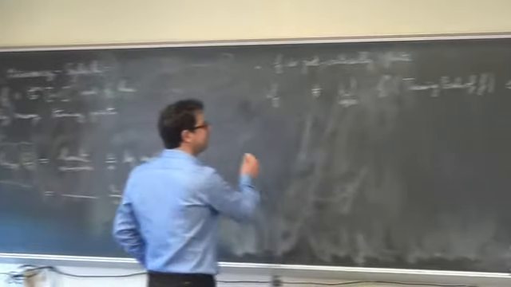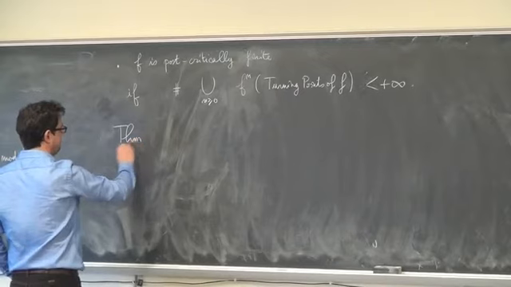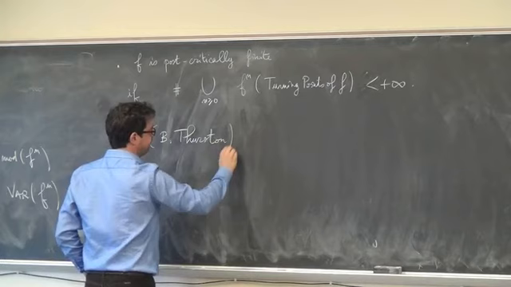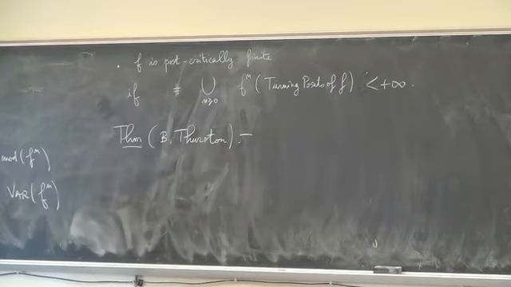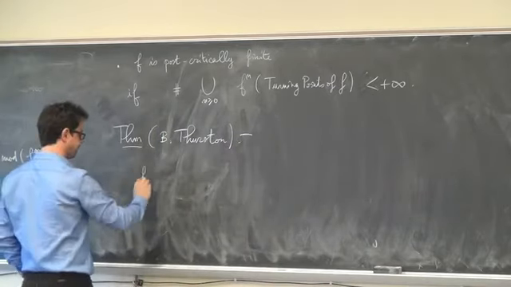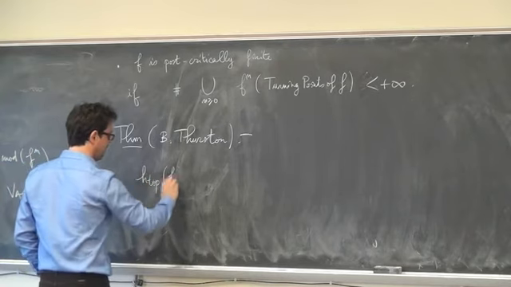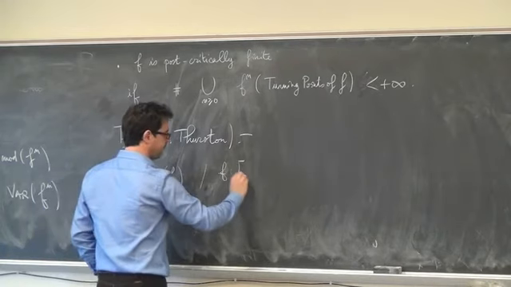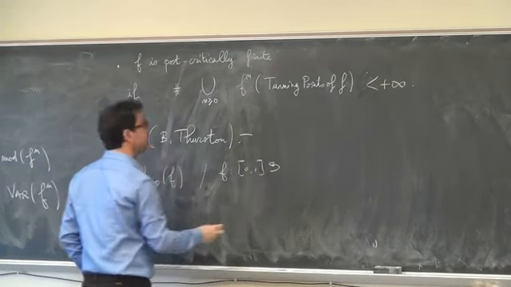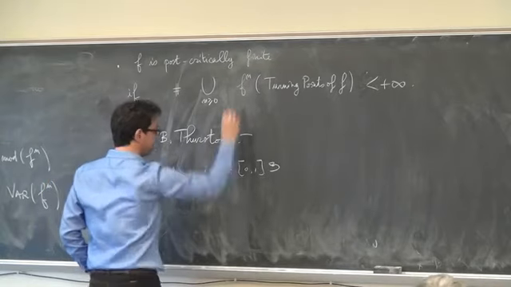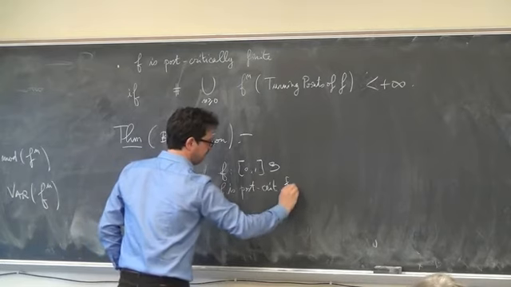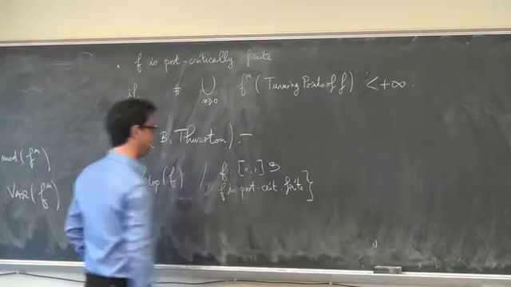And then the statement is the following. The entropies of f for all continuous transformations of the interval which are post-critically finite, so you get a set of numbers.